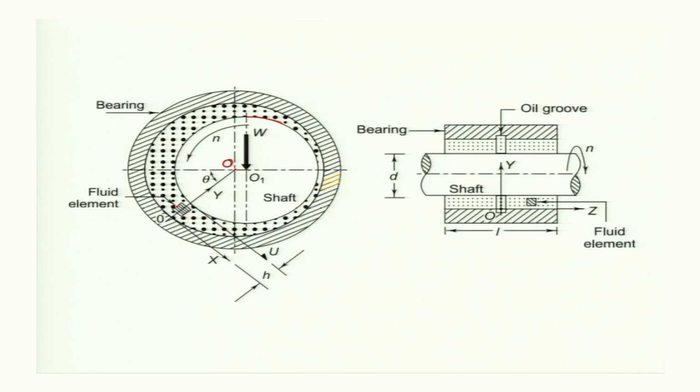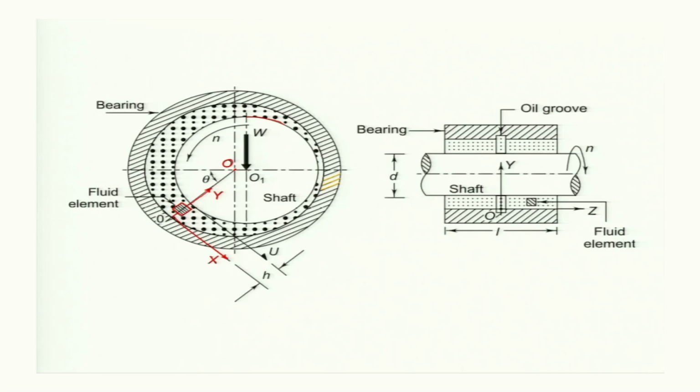Now, we had taken an infinitesimally small fluid element, this one, and the coordinate system is: along the radial direction is the y-axis, along the circumferential direction is the x-axis, and perpendicular to the screen is the z.